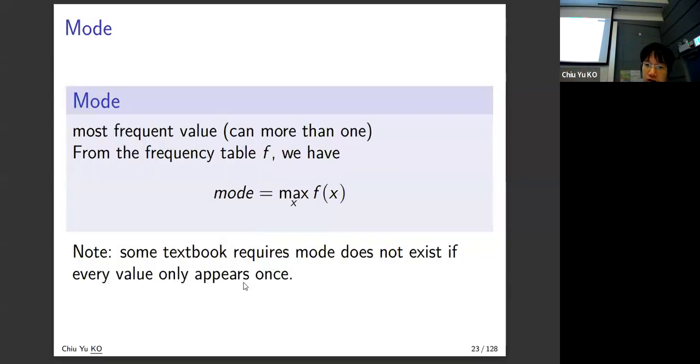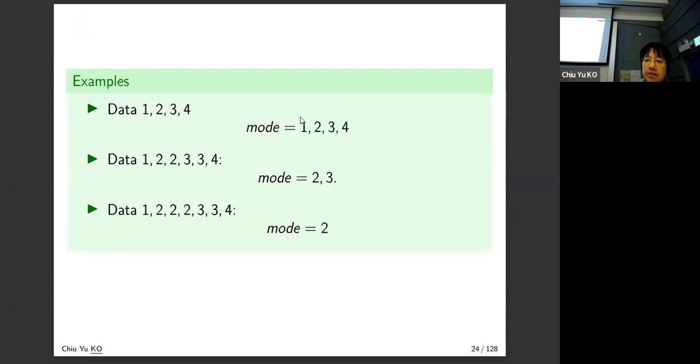Some textbooks will say there's no mode in this case, but we make it a little more consistent, right? If you do this, the formula will be more complicated. But don't worry, in the real world, if everything appears once, then the mode is not very useful anyway. Or you would have grouped the data so that you're looking at the modal group.